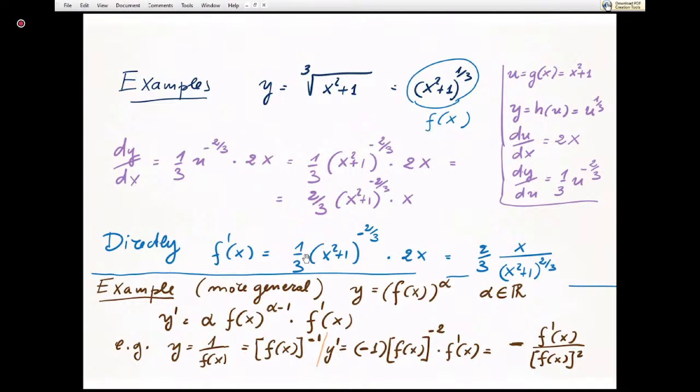And we write this. Then we compute the derivative of something, which is inside the root, with respect to x. So this is what we do, without all these intermediate steps, and we get the same final result.